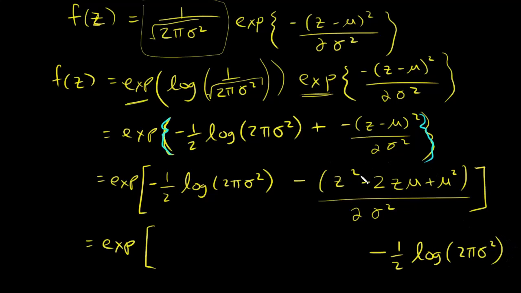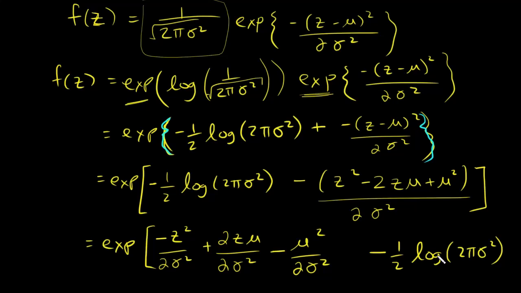Okay, and then for this part up front, I'm going to go ahead and distribute that negative and also write this 2 sigma squared over each piece. Okay, so I'll end up with negative z squared over 2 sigma squared plus 2z mu over 2 sigma squared minus mu squared over 2 sigma squared.